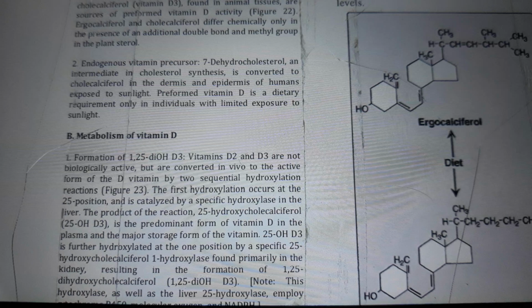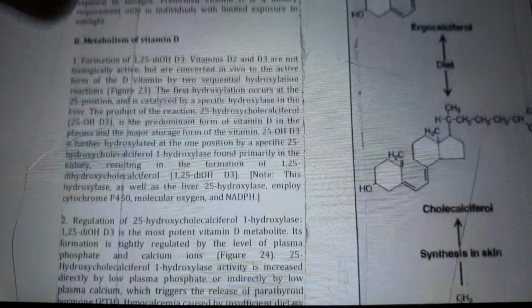Ergocalciferol and cholecalciferol differ chemically only in the presence of an additional double bond and methyl group in the plant sterol. Endogenous vitamin precursors: 7-dehydrocholesterol, an intermediate in cholesterol synthesis, is converted to cholecalciferol in the dermis and epidermis of humans exposed to sunlight. Preformed vitamin D is a dietary requirement only in individuals with limited exposure to sunlight.